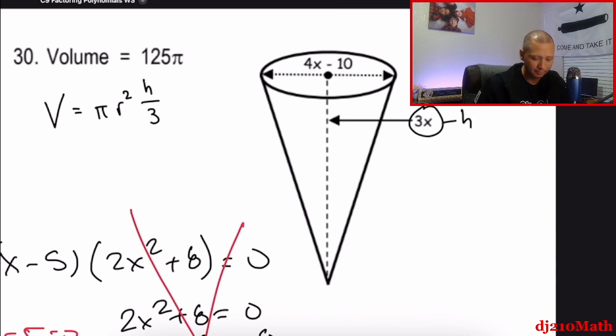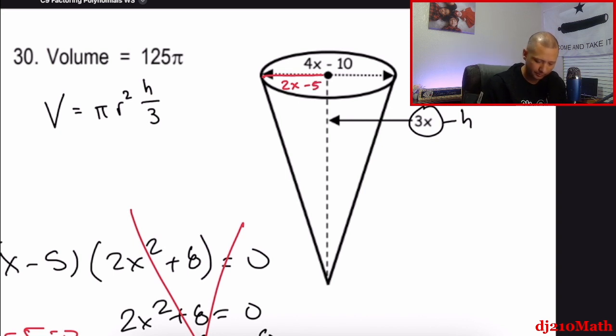The radius is going to be half the diameter. So 2x minus 5, right? If we divide everything by 2, this would be 2x minus 5.